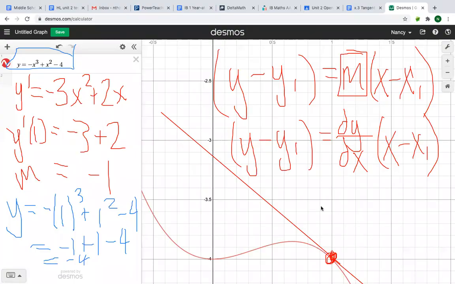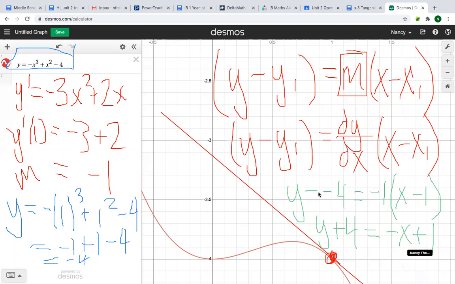So now my final answer for that equation would be y minus negative 4 is equal to negative 1 times x minus 1, which is the same thing as y plus 4 equals negative x plus 1.